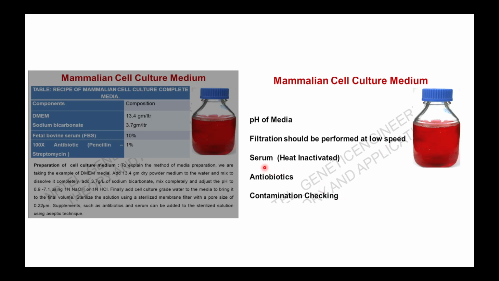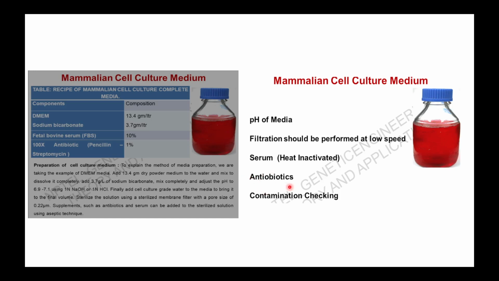And then serum is used, which is heat inactivated, to remove certain other components, like antibodies, which might be problematic in the downstream processes. That has to be inactivated. Otherwise, the other organic requirements for the cell to grow can be found in the serum.